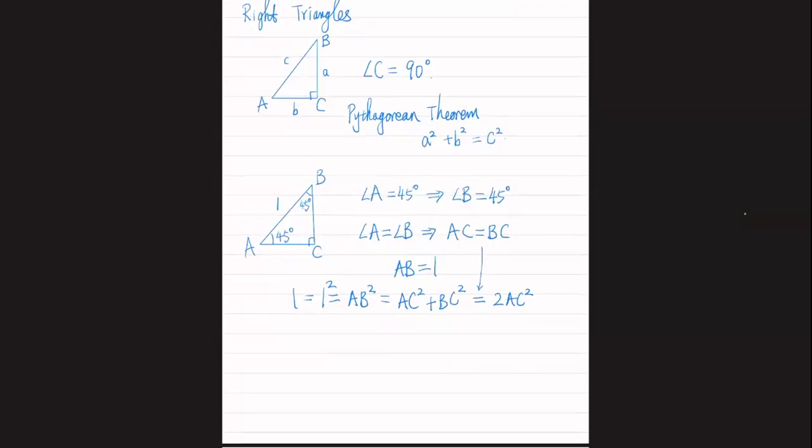So AC squared is 1/2. Simplify this, we get AC. Okay. So for this particular right triangle, we can find the sides.